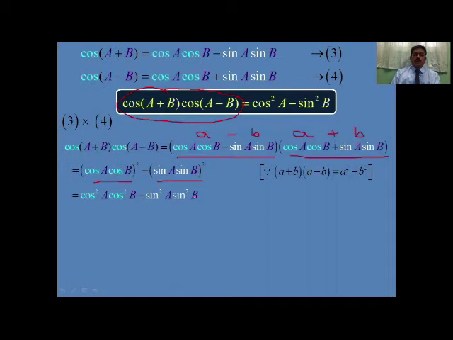We know the first trigonometric identity: sin square theta plus cos square theta equal to 1. From this, we are going to do the changes now.